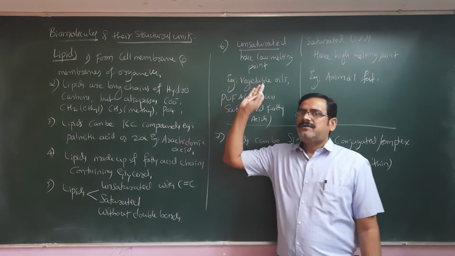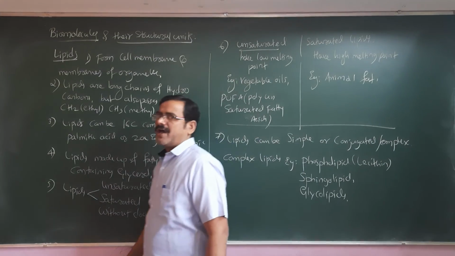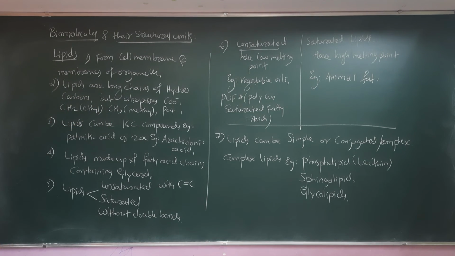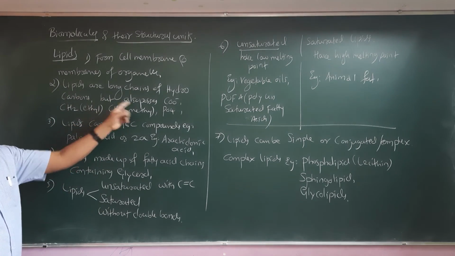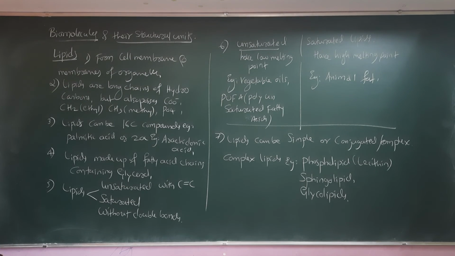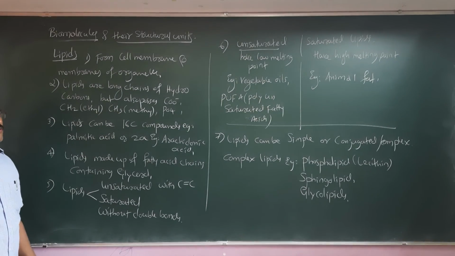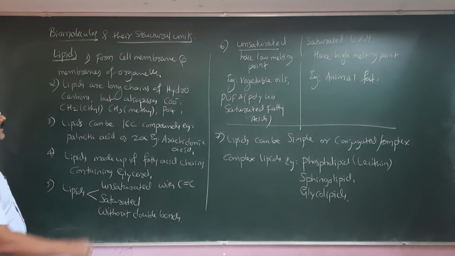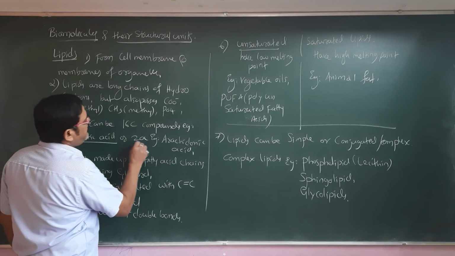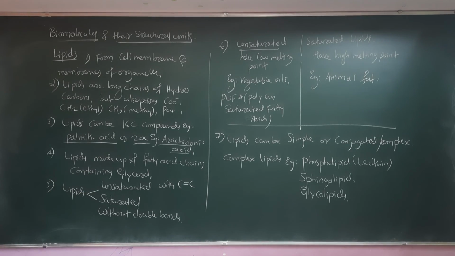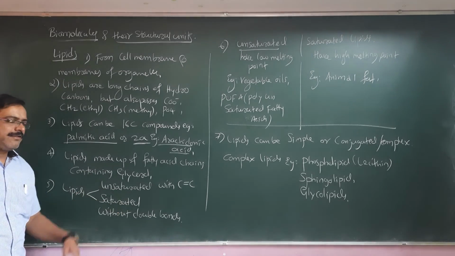So membrane bound organelles also have lipids, and the lipids are long chains of hydrocarbons but also possess the ester groups such as COO, then CH2, then CH3 or PO4 group, orthophosphate we say. Lipids can be 16 carbon compounds such as palmitic acid, and they can be 20 carbons such as arachidonic acid. Lipids are made up of fatty acids containing glycerol also.